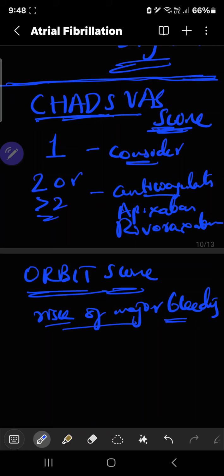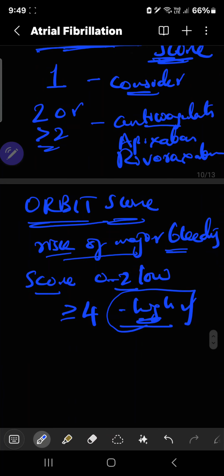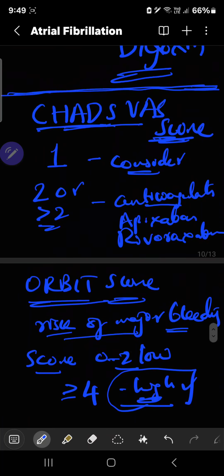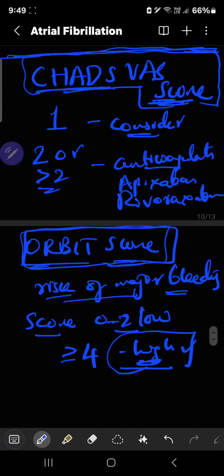Suppose there is a score of 0 to 2, it is a low score, and if it is a score of 4 or more than 4, it is high risk. So the patient will have a high risk of bleeding. Please refer to the CHA2DS2-VASc score and ORBIT score on Google. You will have multiple images. So please refer to these scoring systems.